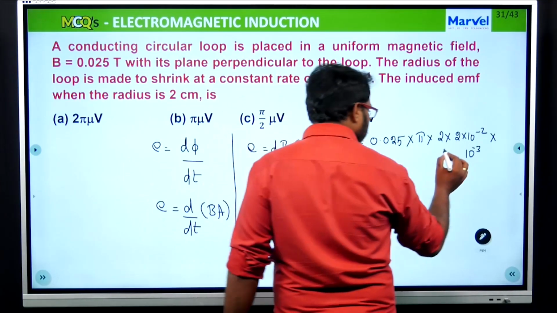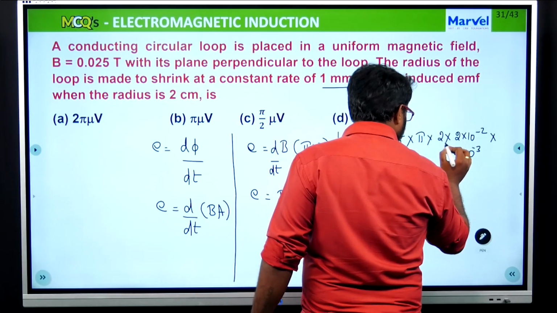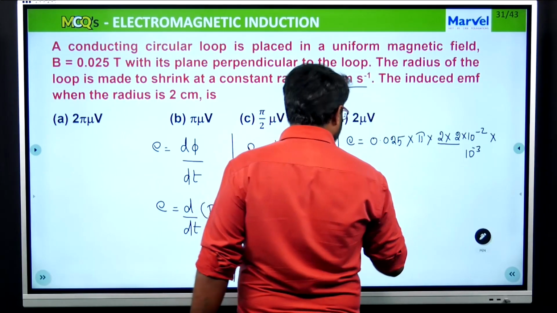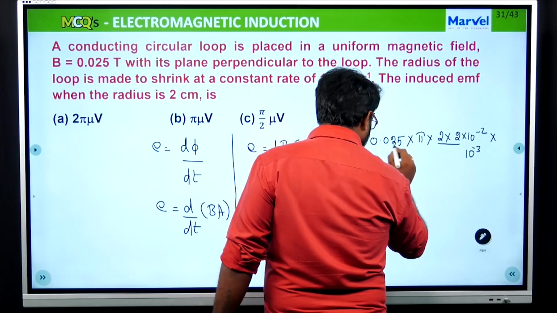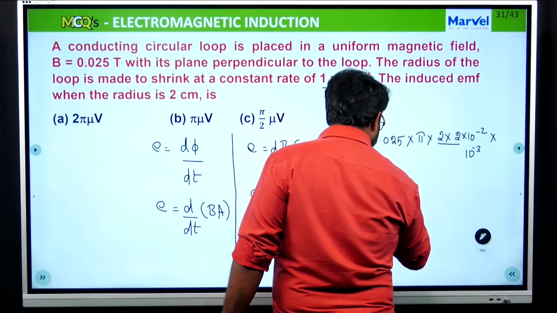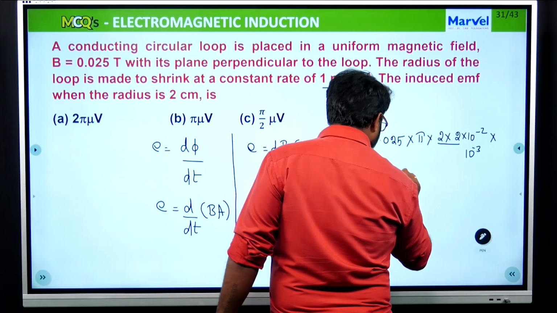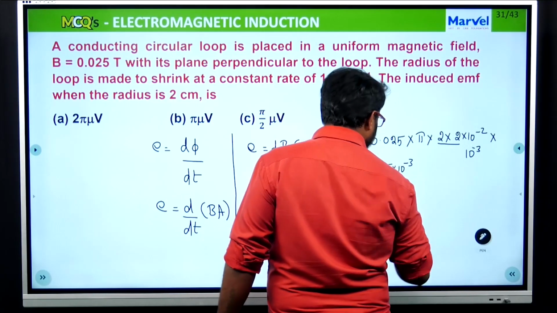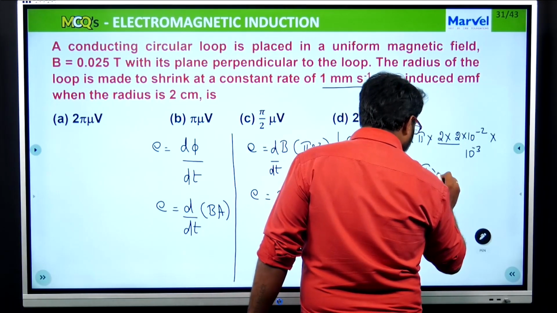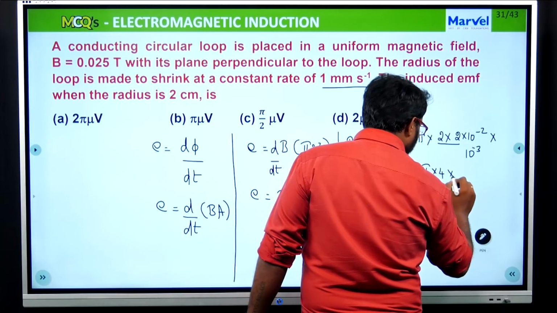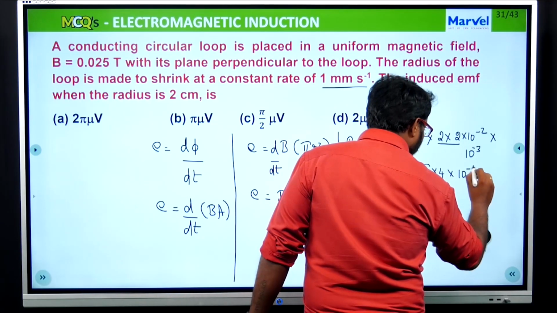So listen very carefully. 2 into 2 will be 4 and 0.025 can be written as 25 into 10 power minus 3, into pi into 4 into 10 power minus 5.